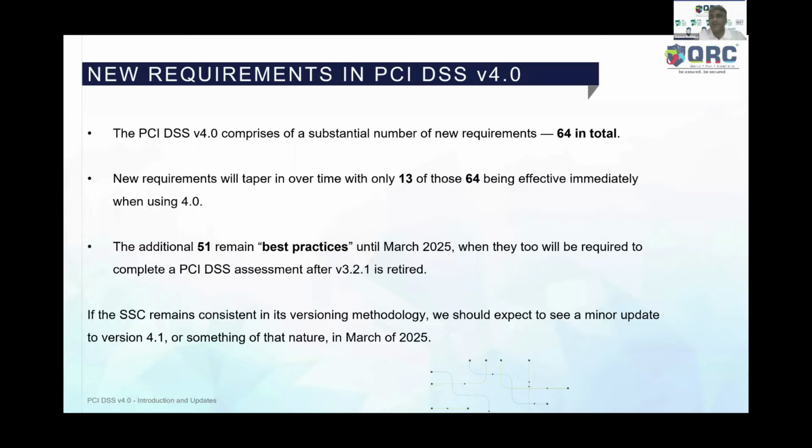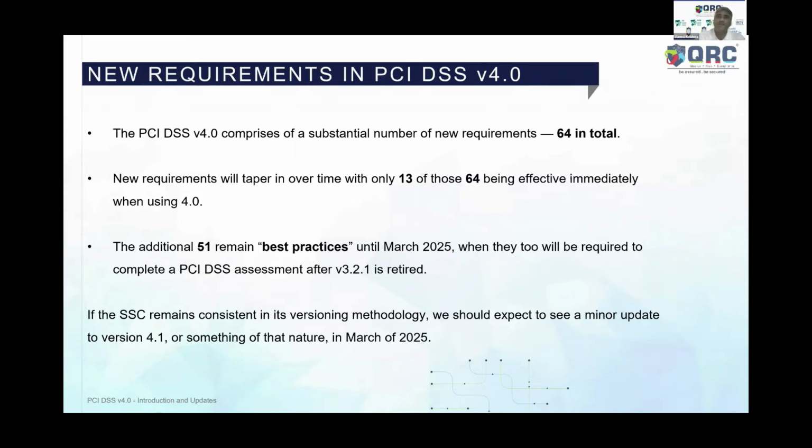There are around 64 changes in total where new requirements are added. Out of the 64, around 13 requirements are immediately effective with 4.0. It means from now onwards, organizations implementing 4.0 have to take up all these 13 requirements.